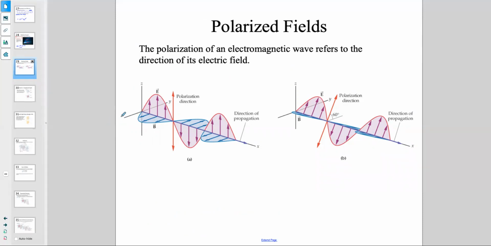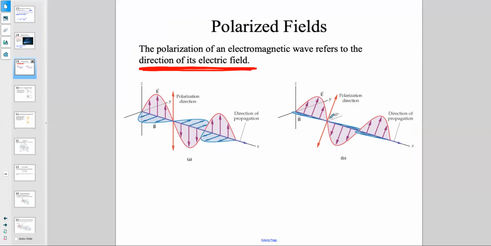So the electric field is along the z direction, and that is the polarization direction. Remember, the polarization of an electromagnetic wave refers to the direction of its electric field, okay? Whatever the direction of the electric field is, that's the direction of the polarization. So here it is along the z direction, so that's why my polarization is along the z direction.